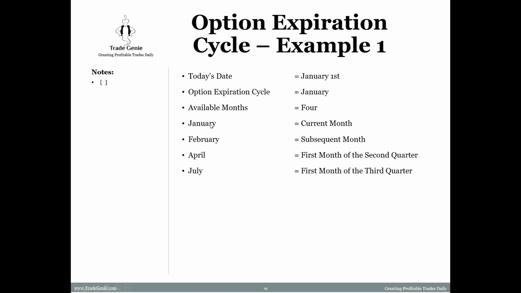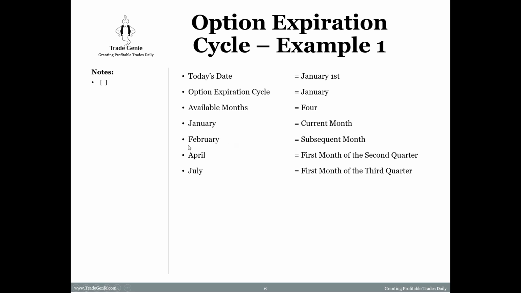Now we know that there should be at least 4 available months. If January is the current month, let's say today is January 1st, 2nd, 3rd or 4th, then January is the current month, and we know February is the subsequent month. So you will see this stock trading in January options and February options.